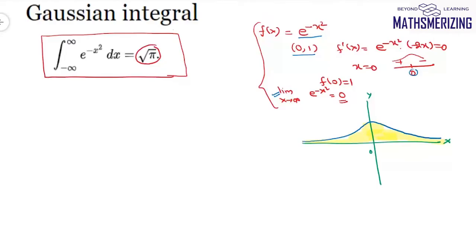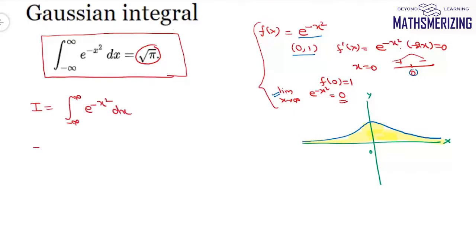Gaussian integrals are closely related to the error function and the normal distribution, and they are also very frequently used in quantum field theory. There is no elementary indefinite integral for it, but the definite integral can be evaluated. One of the standard ways to compute the Gaussian integral was given by Poisson himself. His idea was to express this integral as I, the integral from minus infinity to plus infinity of e to the power minus x squared dx.